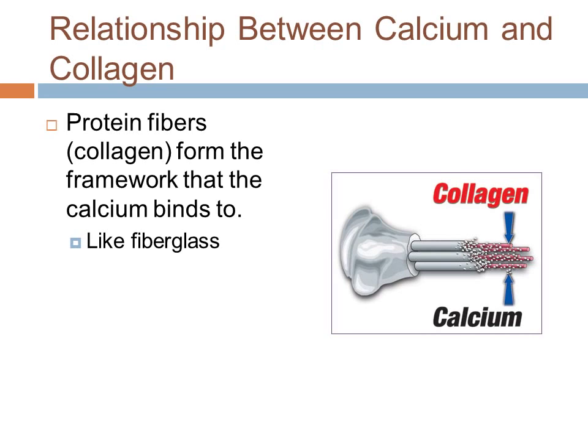Fiberglass contains long threads, and these long threads or strands of fiberglass have a chemical bonded to them, and when it all dries, the material is very, very hard. Well, we have the same thing right here, only instead of long threads of fiber, we have collagen, which is a protein. That collagen is attached to calcium. So the calcium makes this very, very tough and keeps the bones nice and stiff.